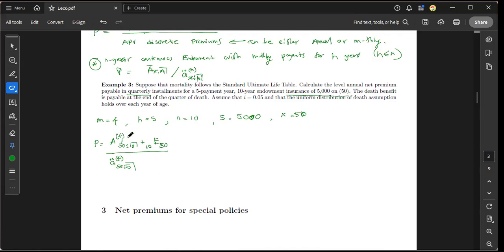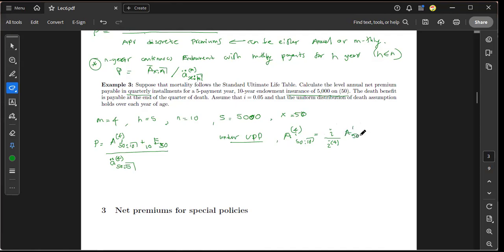To find this, so this is compounded quarterly. Since we have the UDD assumption, under the uniform distribution of death, we can directly find this using this relation.